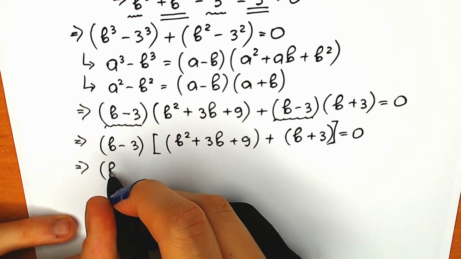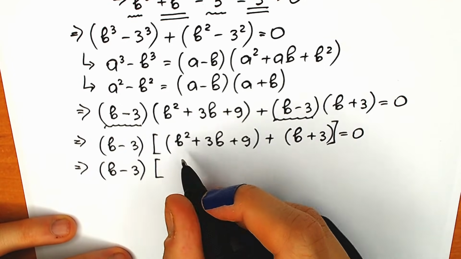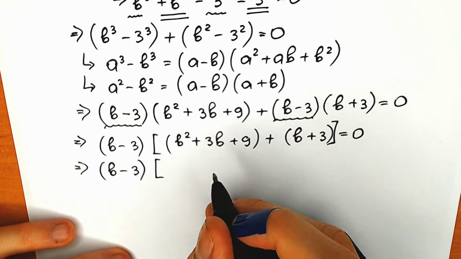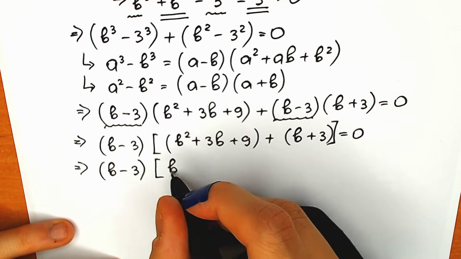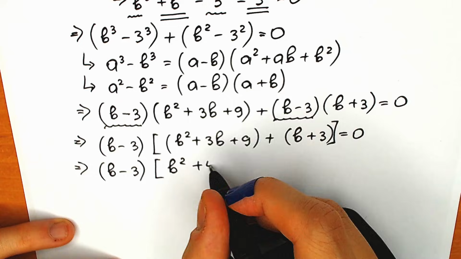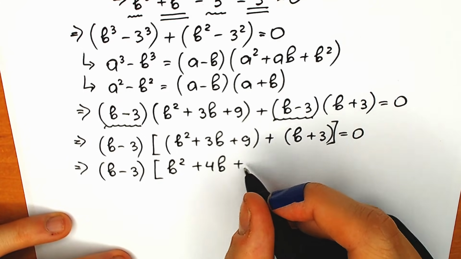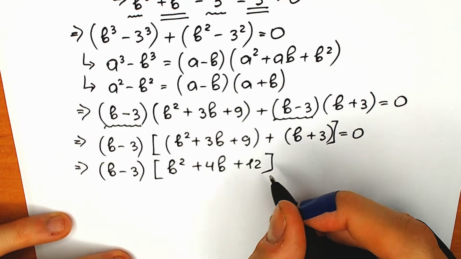So we have b minus 3, and in another parenthesis, what do we have? We have only b squared, plus 3b plus b, so plus 4b, and 9 plus 3 equal to 12, so plus 12, equal to 0.